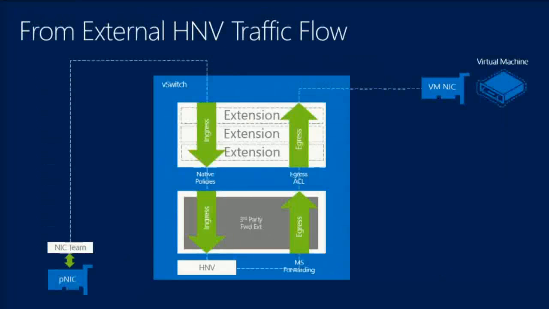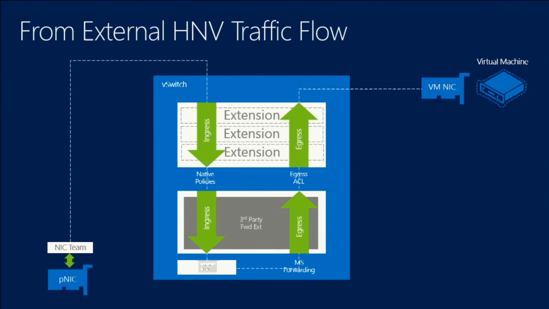Okay. So now let's take a look at the traffic flow, how we make the scenario possible with this change. So in this example, for the first part, let's see a packet coming from outside. So the packet will go through the switch extension first. Because remember, when the packet comes from the physical network, it has this provider address.